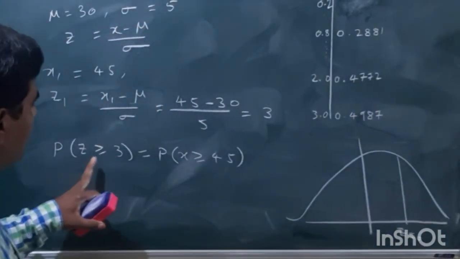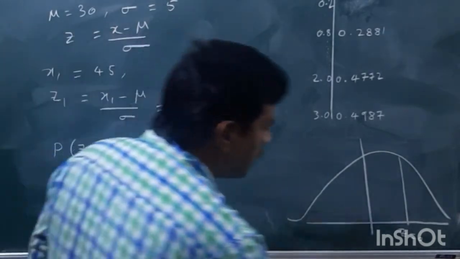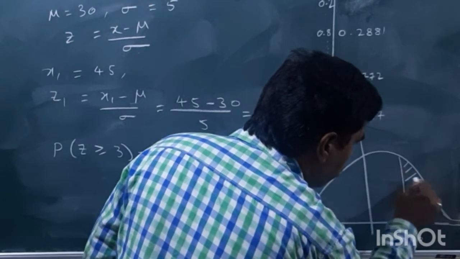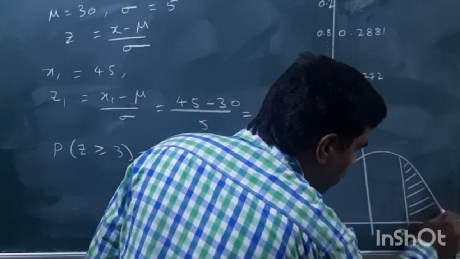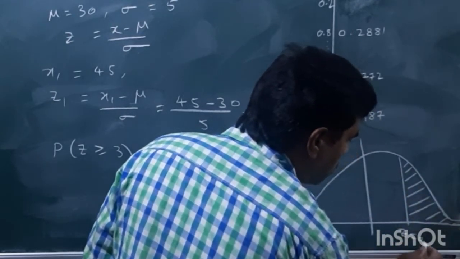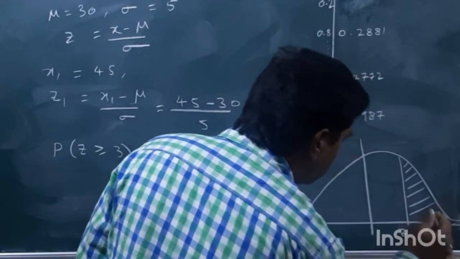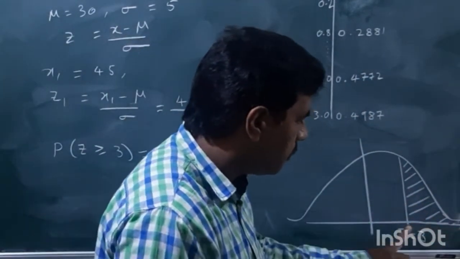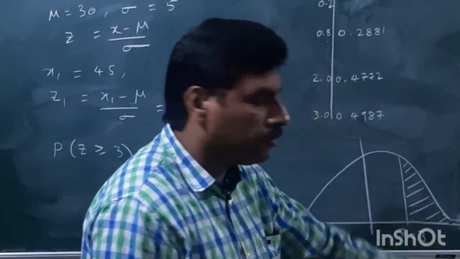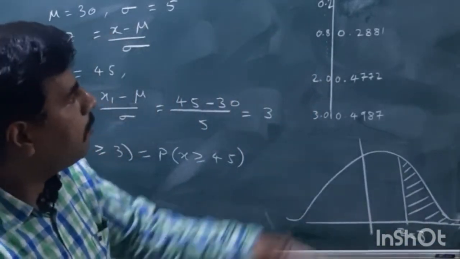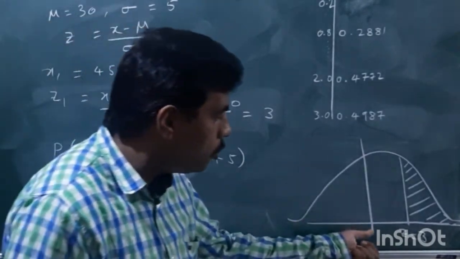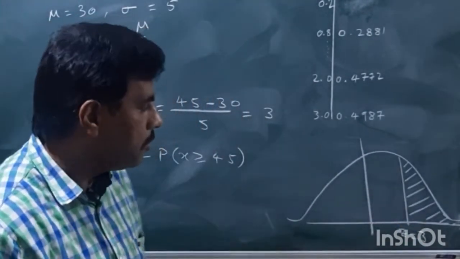Given that z is greater than or equal to 3, we need to find this area, from z is equal to 3 to infinity. But in the tabular values, we have the areas from 0 to a fixed value.